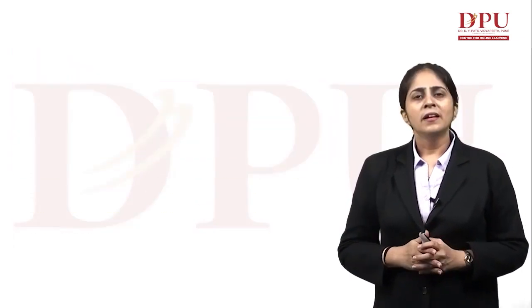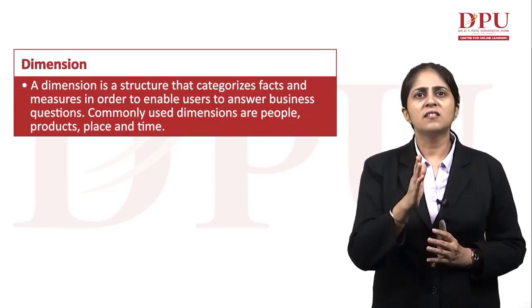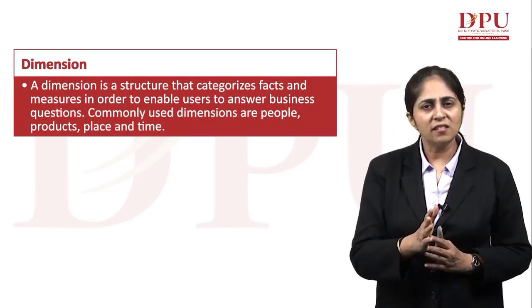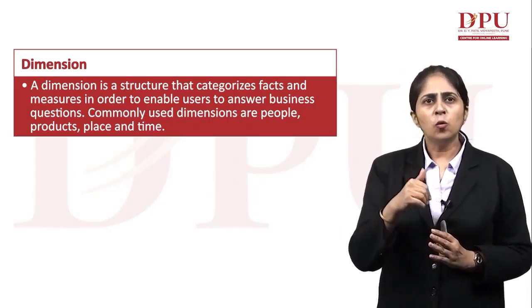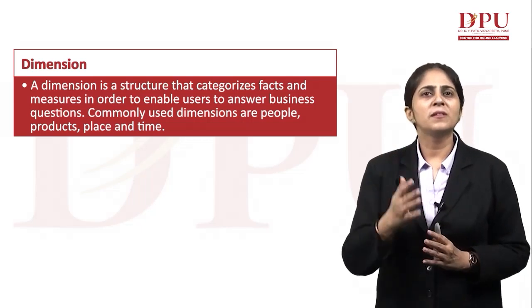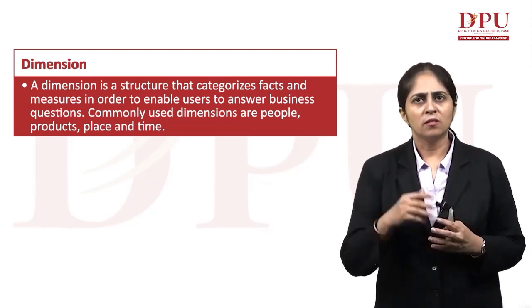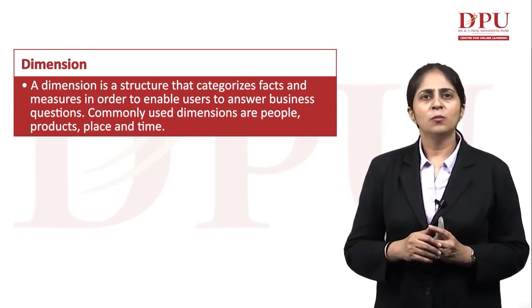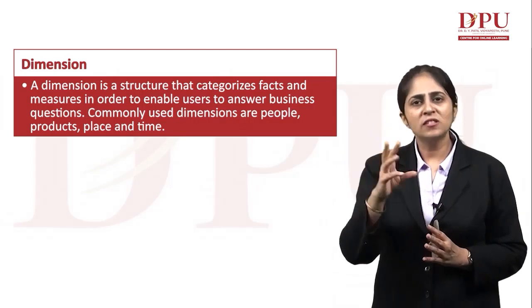Then we have one more thing here, dimension. A dimension is the structure which categorizes the facts and the measures in order to enable users to answer business questions. What dimensions can we use? We can use people, product, place, and time.